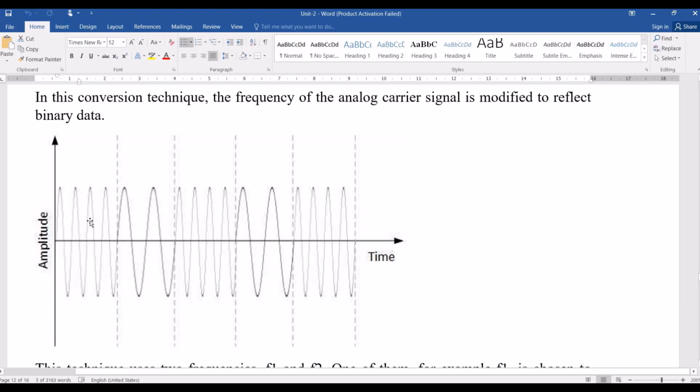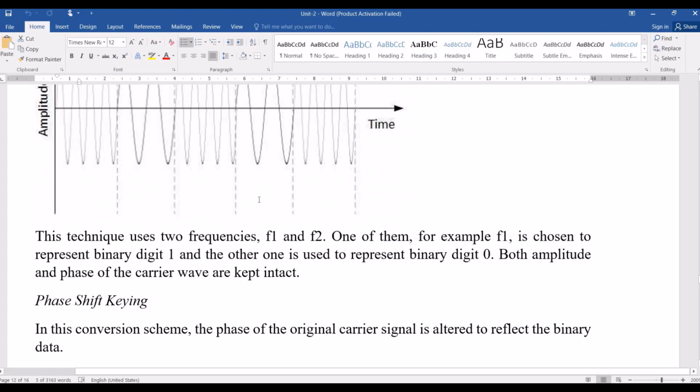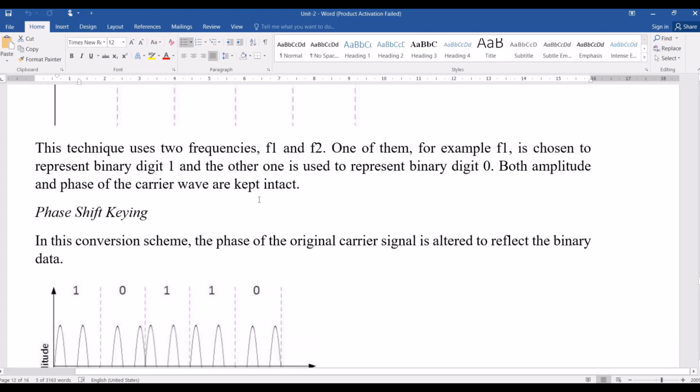In this time slot we have more frequency, more cycles, but in this time slot we have less. High, low, 1 0 1 0 1.